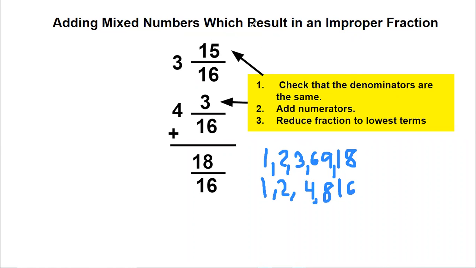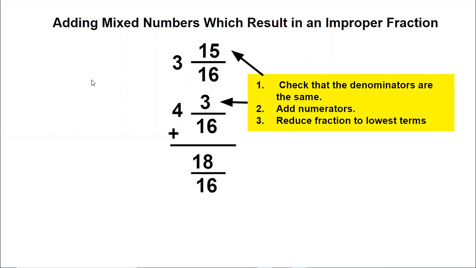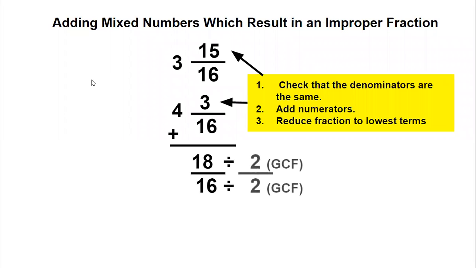And the greatest common factor of both is 2. And that's it. So let's use the 2. So 18 divided by 2 and 16 divided by 2 equals 9/8.